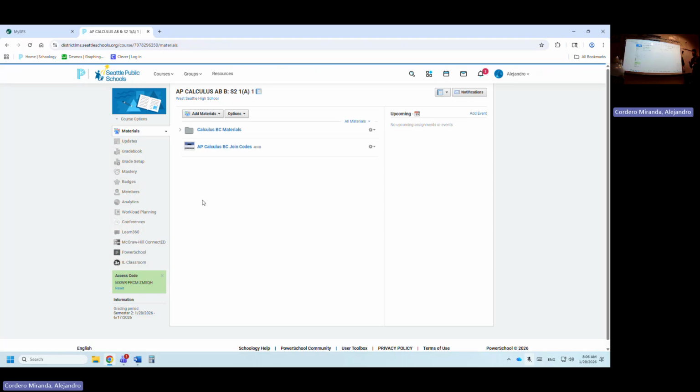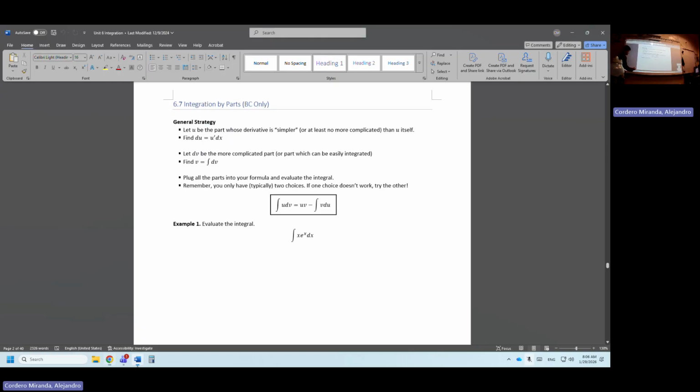Now, let me teach you some extra integration stuff that we have to know that AB does not. Starting with this section, which you guys all have, I think. It's 6.7; AB stops at 6.6, so you have a few more sections to do.